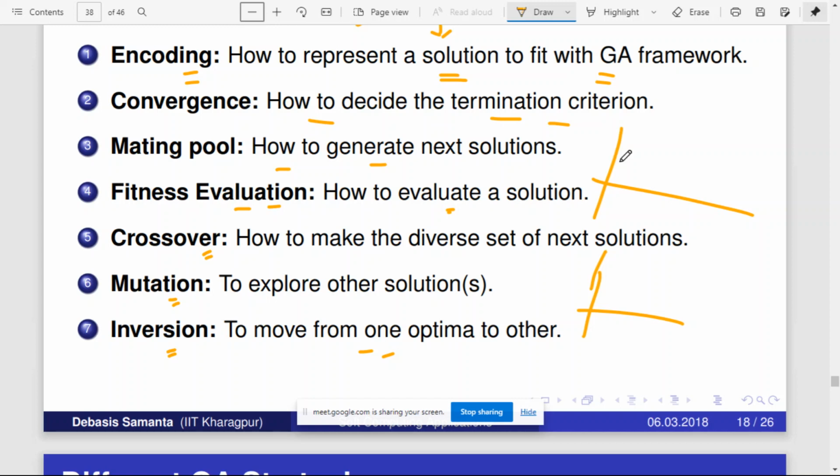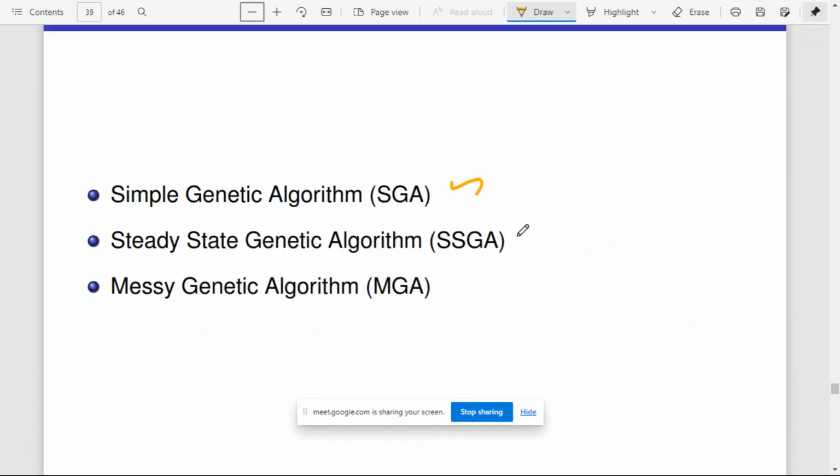So if you move from this local minima to here, that is better. That can be done by a process called inversion. There are different GA strategies: simple genetic algorithm, steady state genetic algorithm, and messy genetic algorithms.